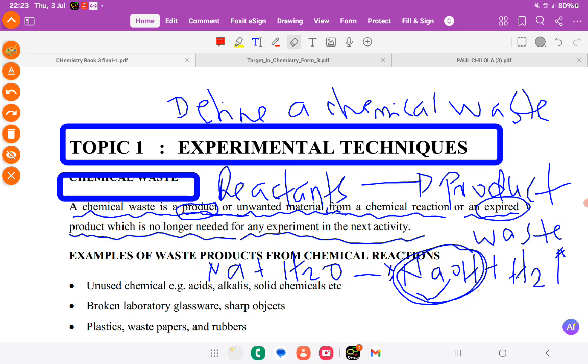It is an expired product which is no longer needed in an experiment or in any activity that is to come. So limit the definition to what we've discussed here. It's a product or unwanted material from a chemical reaction or an expired product which is no longer needed for any experiment in the next activity. I hope we're together there.